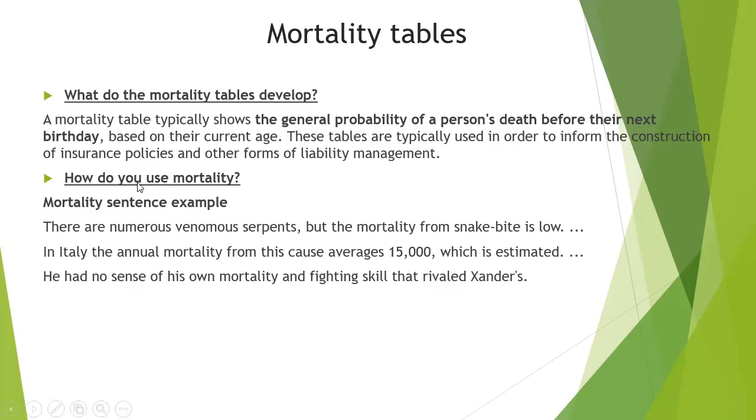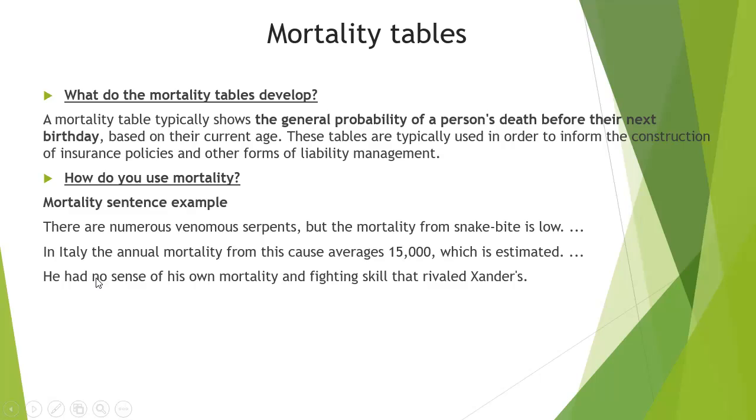And how do you use mortality? There are numerous ways that we can use mortality. For example, for snake bites the mortality is low, or in Italy the annual mortality for this cause averages 15,000, which is estimated.